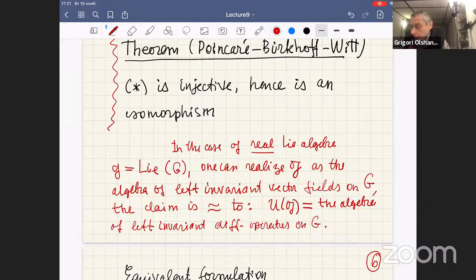And from this fact, one can prove, this gives us some tool for proving the Poincaré-Birkhoff-Witt theorem in this particular case.